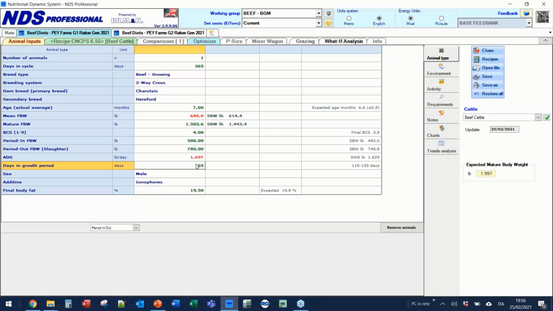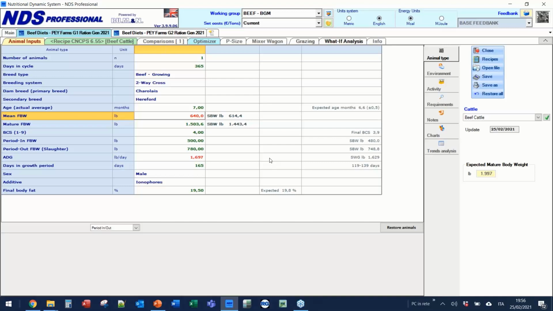Both numbers are in red just because they are not a direct input, but they are calculated from the period in, period out body weights and the days on feed.